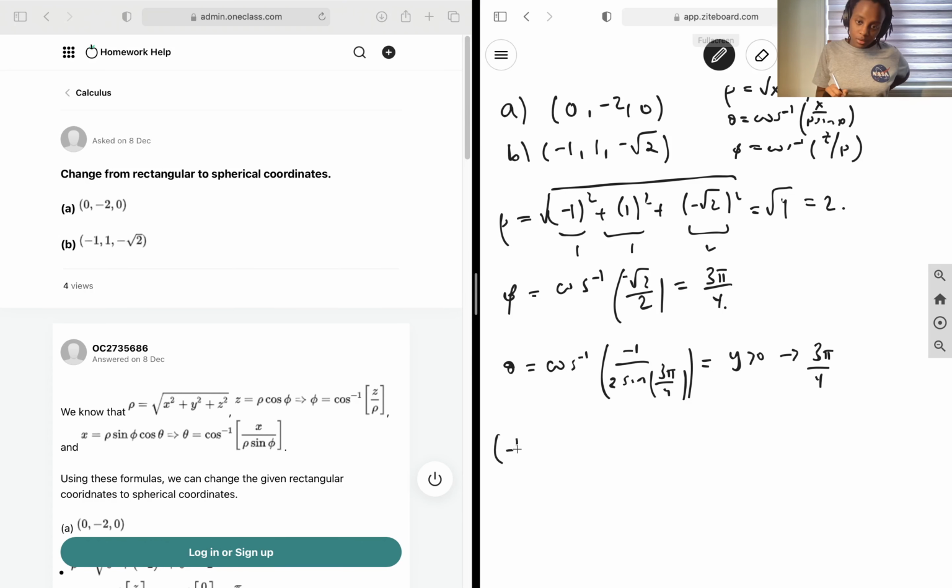So the coordinates (-1, 1, -square root 2) in Cartesian or rectangular coordinates will become (2, 3 pi over 4, 3 pi over 4) in spherical coordinates. It's the exact same point, you just moved it to a different coordinate system. And we'll see things like this using different methodology in linear algebra.